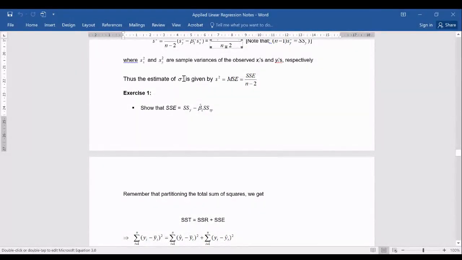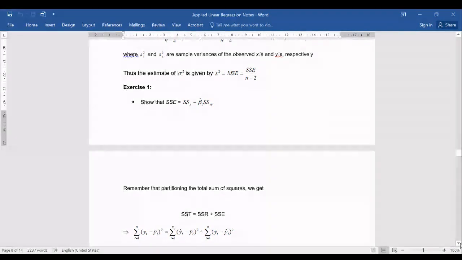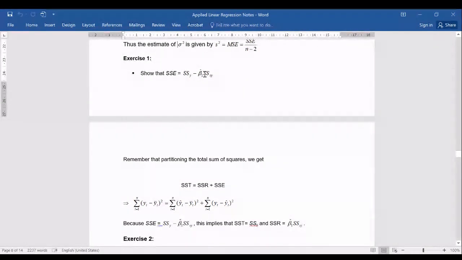And this is to emphasize that sigma squared is estimated by S squared, which is equal to MSE, which is equal to SSE divided by n minus 2. We just proved this, so I'm not going to spend time on that again.